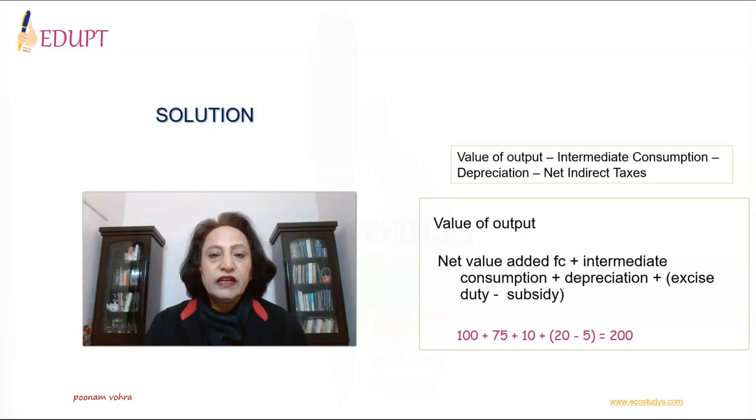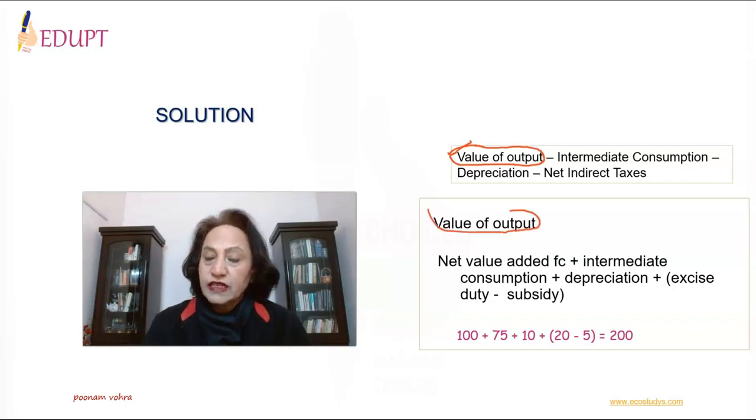The first step is to write down the formula. Net value added at factor cost from value added method can be found when we write this formula, that is value of output minus intermediate consumption minus depreciation minus net indirect taxes. Now one needs to find value of output.